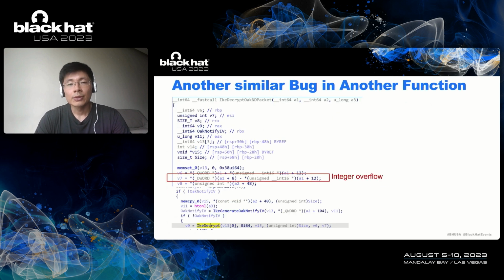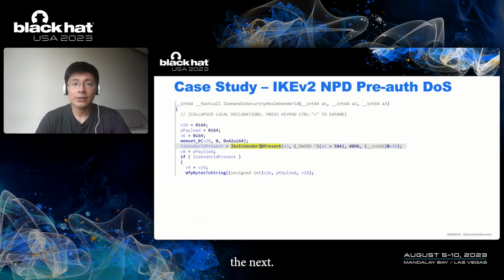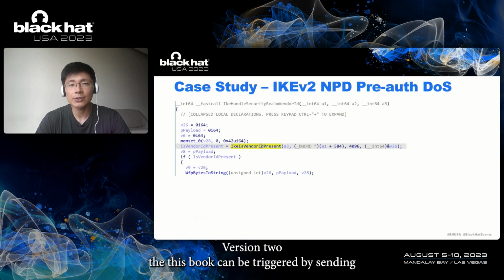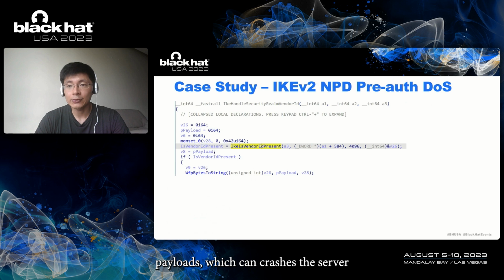Next, this is a pre-auth DoS in IKE version 2. This bug can be triggered by sending an IKE packet with a zero-sized vendor ID payload, which can crash the server.